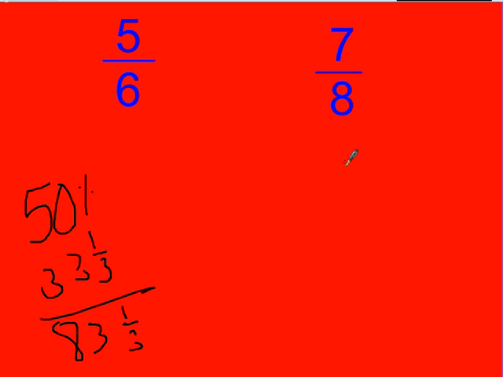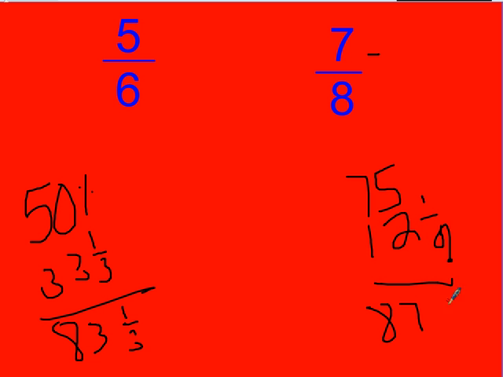And over here I know that 6/8 is equivalent to 3/4, and 3/4 is 75%, and I would have to do another 1/8 because that's only 6/8, and that's 12.5%. So when I add those up, I get 87.5%. And once again, I think that one's a little better proof. 7/8 is more than 5/6.